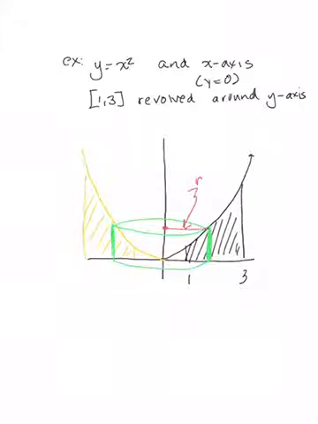Our height is going to be from the x-axis to the curve y equals x squared. And so the surface area of that one green cylinder that's formed by that one slice is going to be 2 pi r times h.